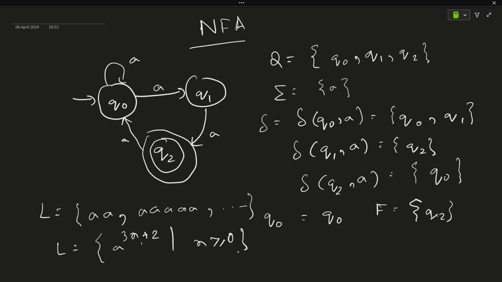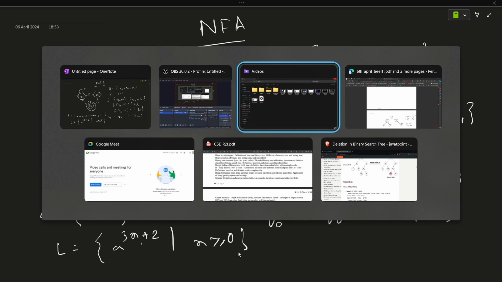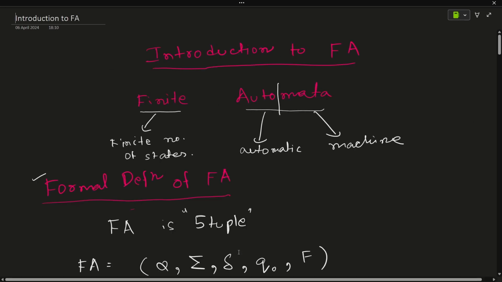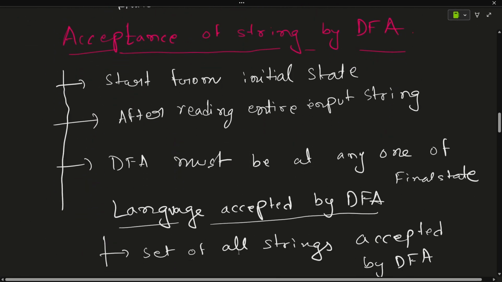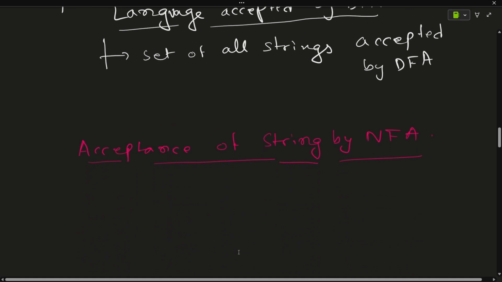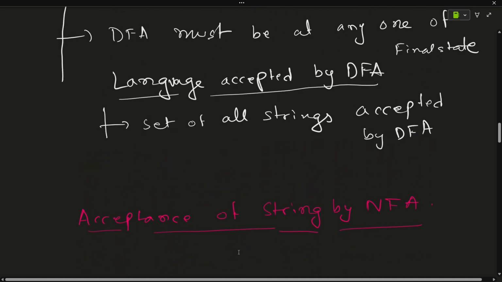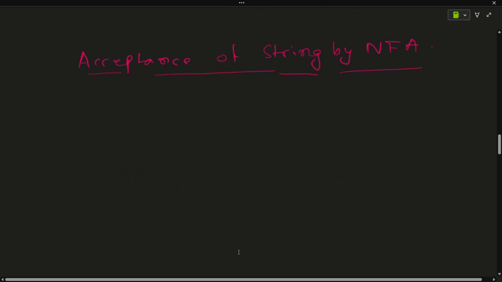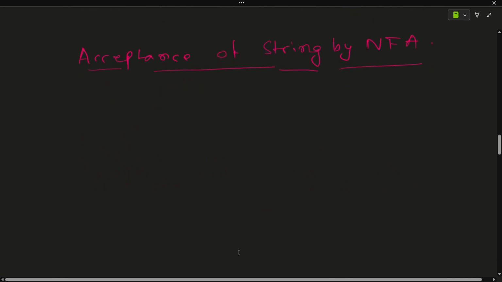So let's come to the subtopic: acceptance of a string by an NFA. How will you know that a string is accepted?